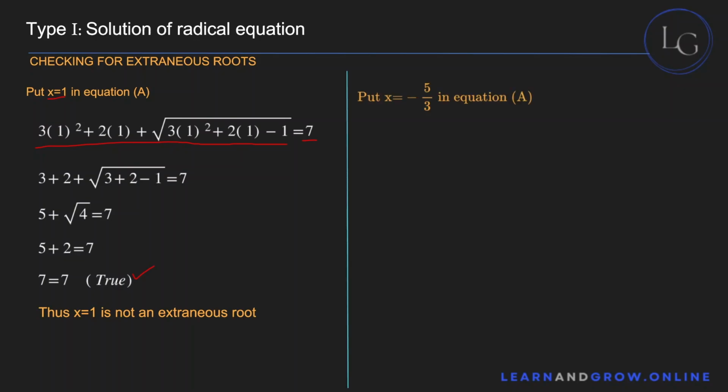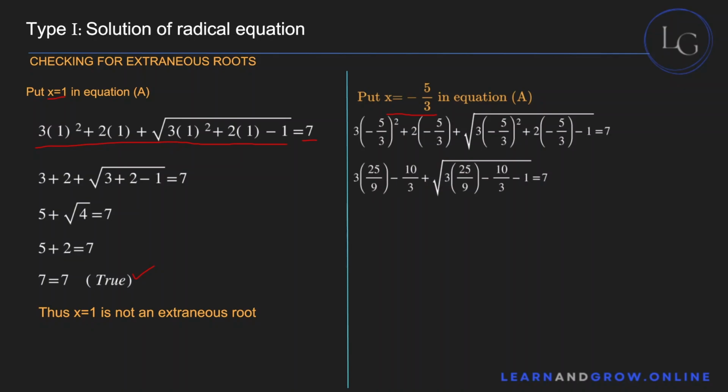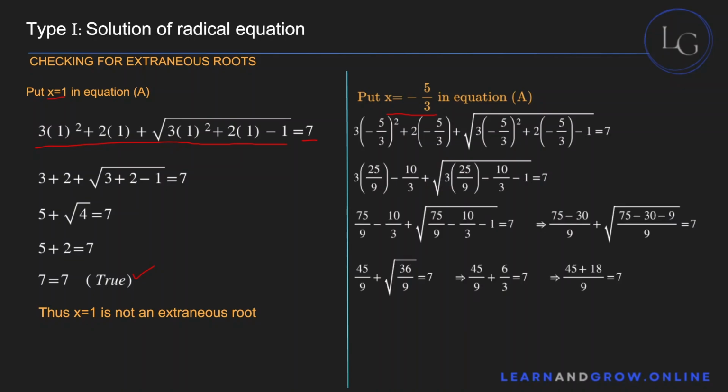Now, when you plug in another solution, x is equal to minus 5 by 3 in the same original equation that you had in the question, now you'll check again to see if the left hand side is equal to the right hand side, and then you'll solve this whole equation, and after that you'll get left hand side is equal to right hand side indeed. So this is also true. So this is not an extraneous root.